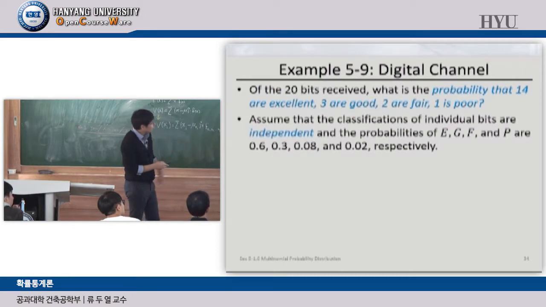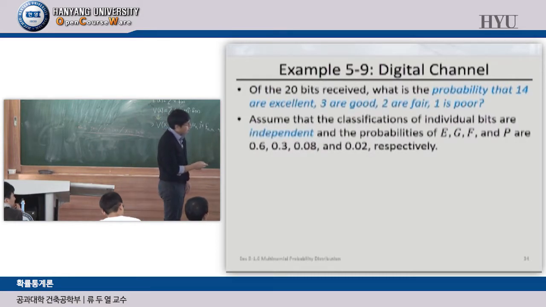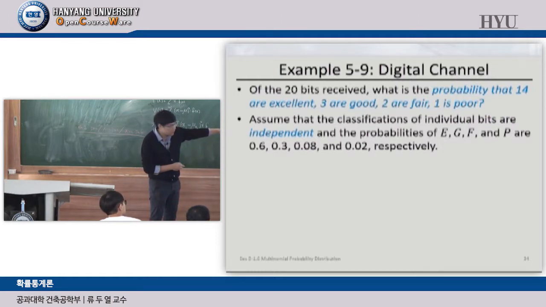We can assume that the classifications of the individual bits are independent, and the probabilities of excellent, good, fair, and poor are 0.6, 0.3, 0.08, and 0.02 respectively. As you can see, each case has a different probability, right?